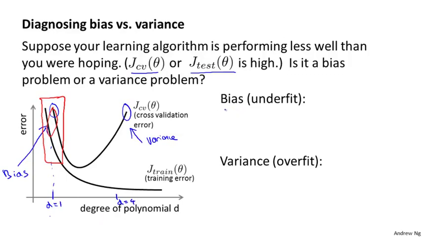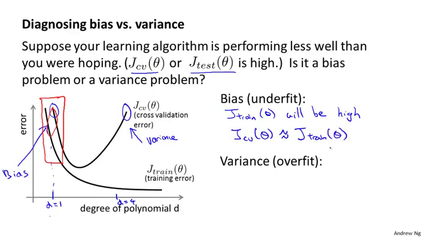So if your algorithm is suffering from a bias problem, the training set error will be high, and you might find that the cross-validation error will also be high. It might be close, maybe just slightly higher than the training error. And so if you see this combination, that's a sign that your algorithm may be suffering from high bias.